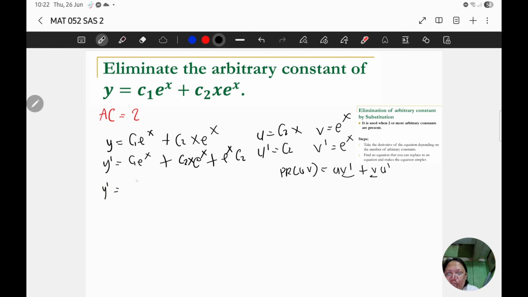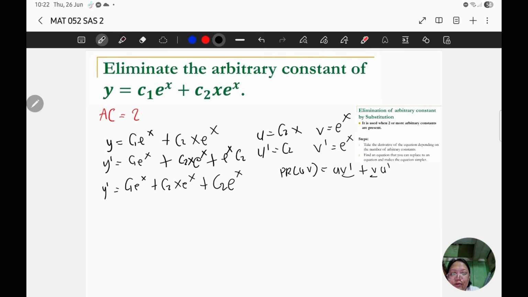Rearrange, we get c sub 1 e to the x plus c sub 2 x e to the x plus c sub 2 e to the x.